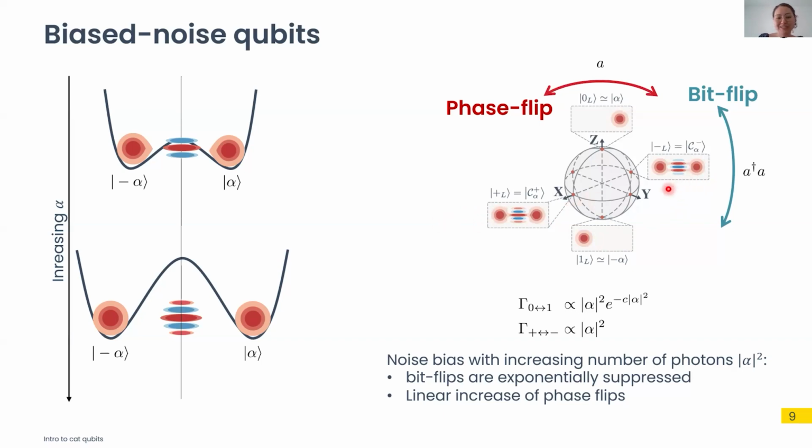And the particularity of cat qubits is they are biased noise qubits, which means that if I look at this picture in the phase space, where I have this state with a superposition alpha minus alpha, and I increase alpha, increasing alpha amounts to increasing the number of photons that I put in the cavity. So the larger the number of photons I put in the cavity, the bigger the overlap between these two states is.